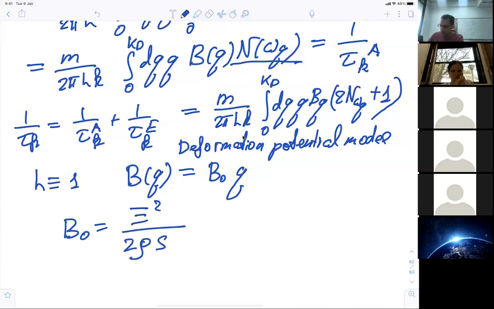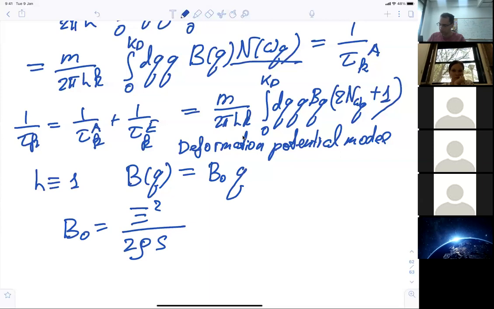So the density of matter, sound velocity, and electron-phonon deformation potential constant. Okay, but that's not really important for us.